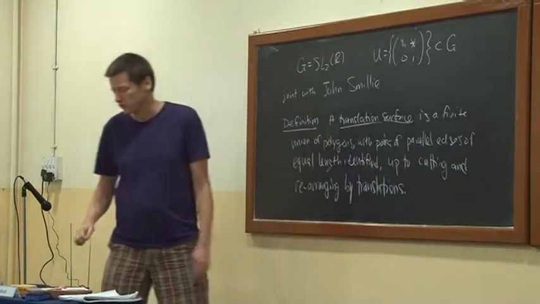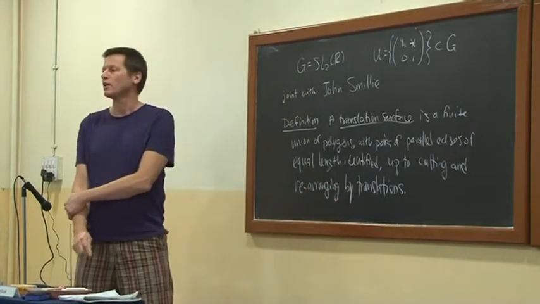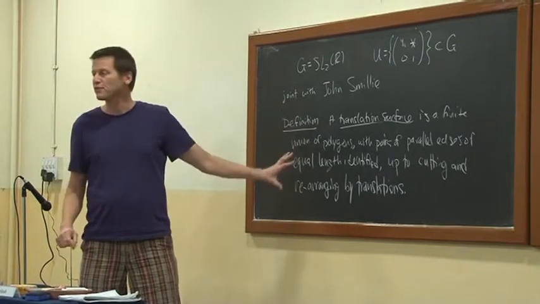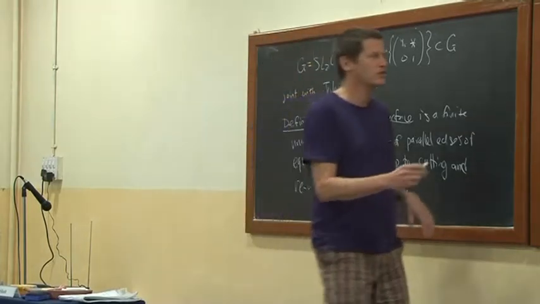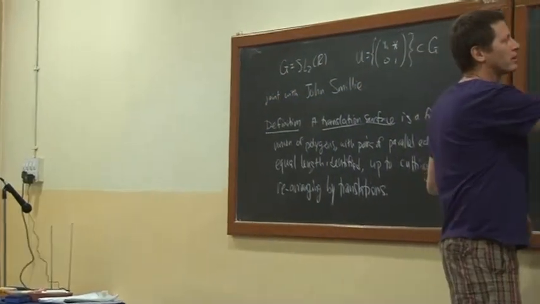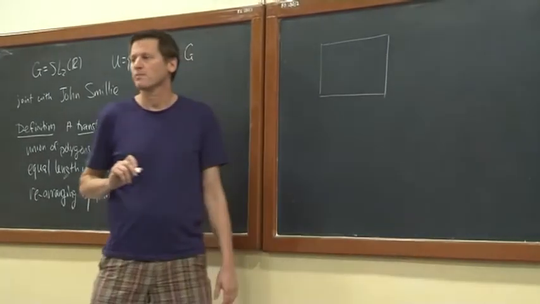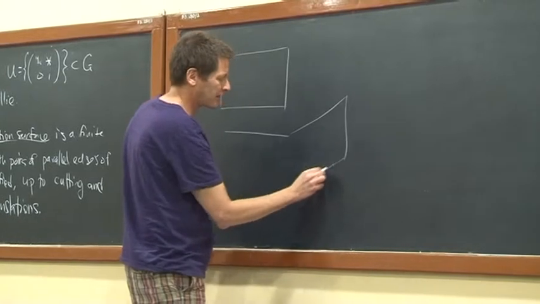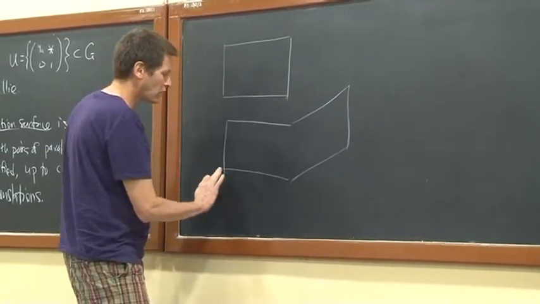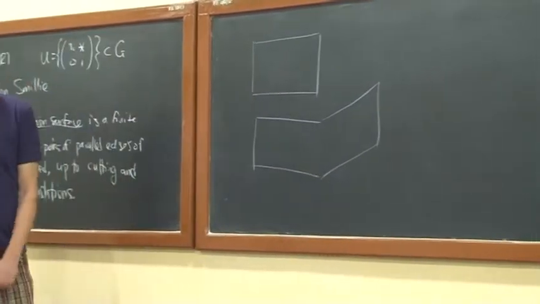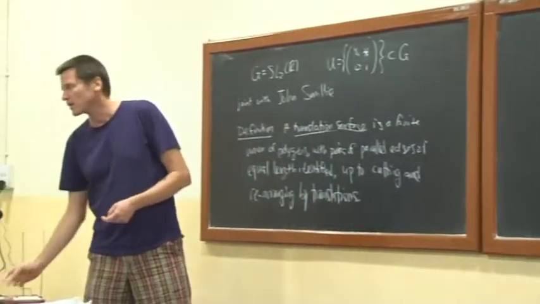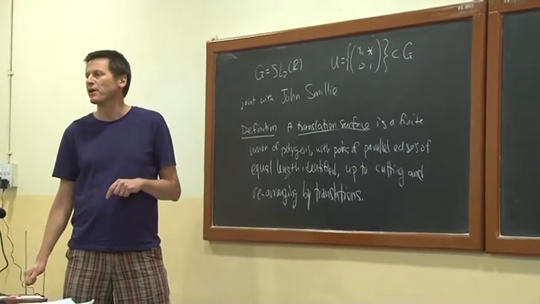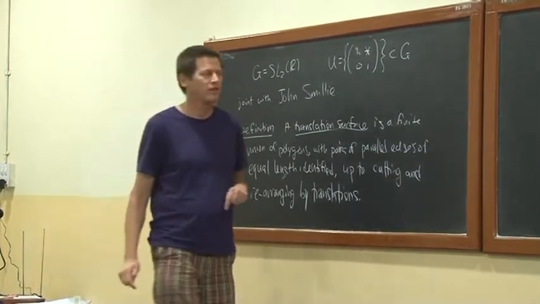So we had a beautiful talk yesterday by Jay Devathuria, and he showed us some pictures. So let me draw some more pictures to explain this definition. So for a translation surface, here is a polygon. I just take a rectangle, and here's another, a non-convex hexagon, and I can identify edges here, and the definition says that each edge must have a parallel edge of equal length somewhere, and these get identified.